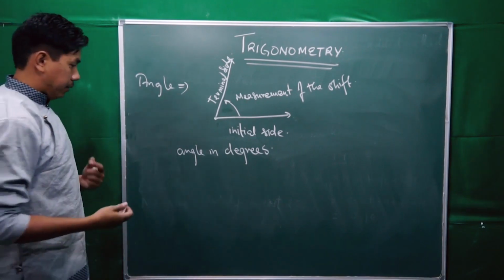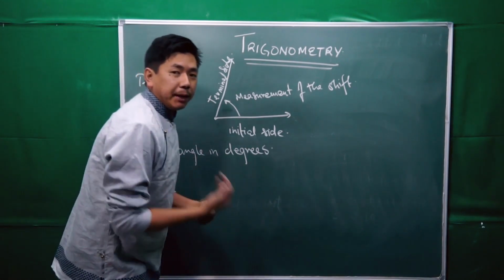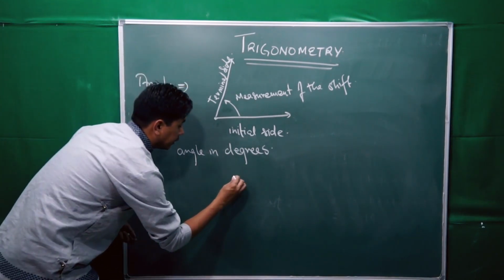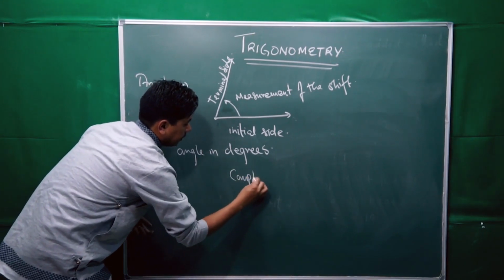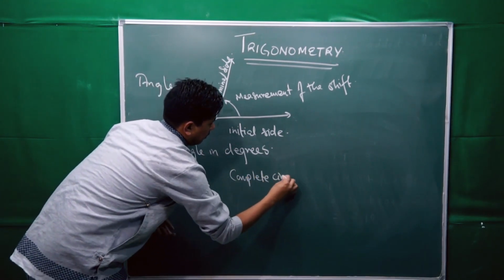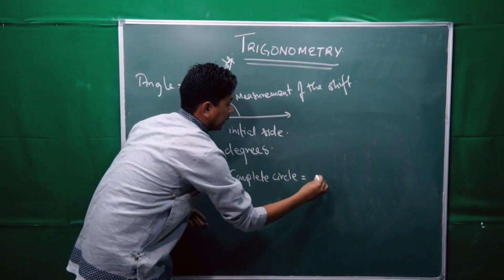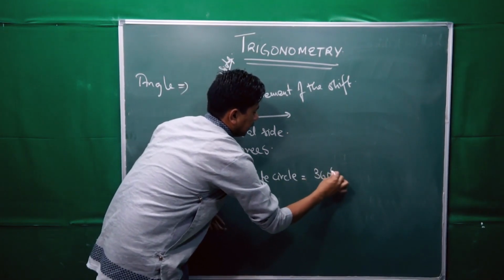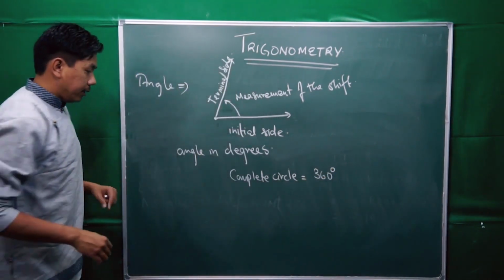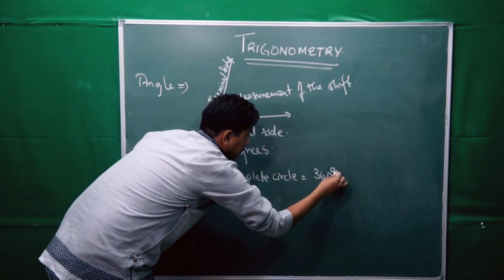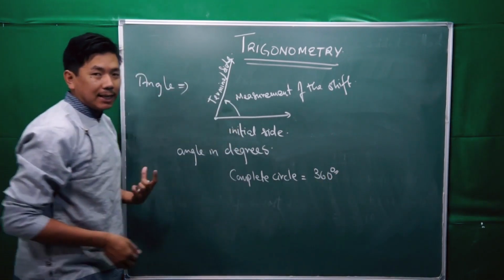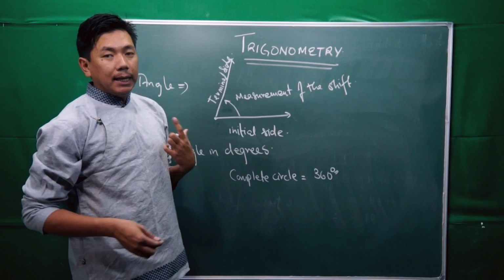Say in a complete circle, the angle is 360 degrees. This is the symbol that states the measurement is in degrees.